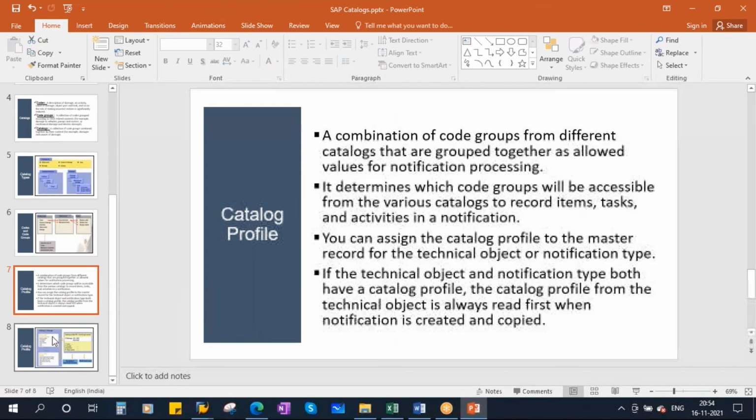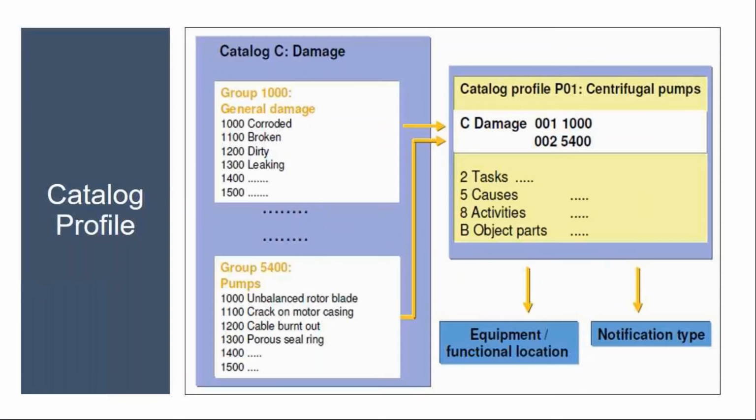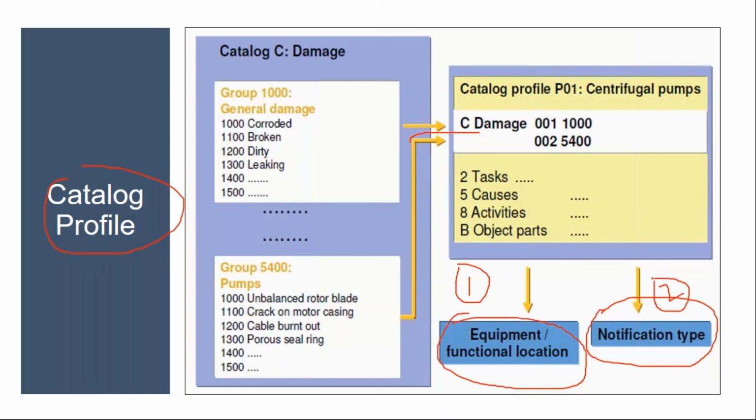That means once you create this catalog profile, ultimately you will assign this to either your equipment or to the notification type. Anyone you can assign. Today, first we will assign to the equipment and we will see. And when we go to configuration for the notification type, that time we will assign it in the notification type.